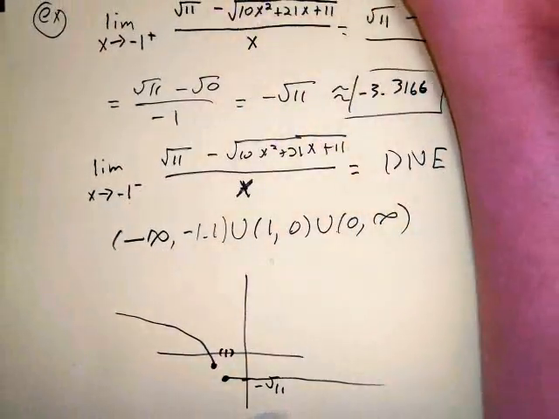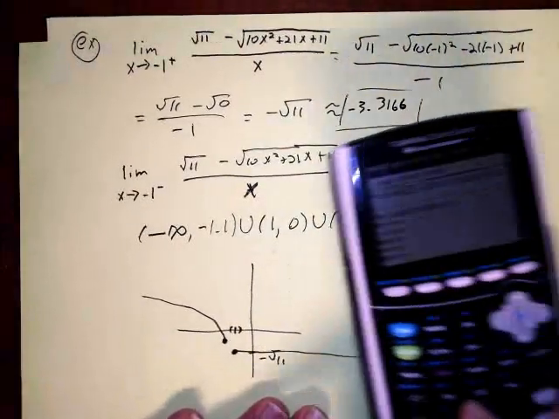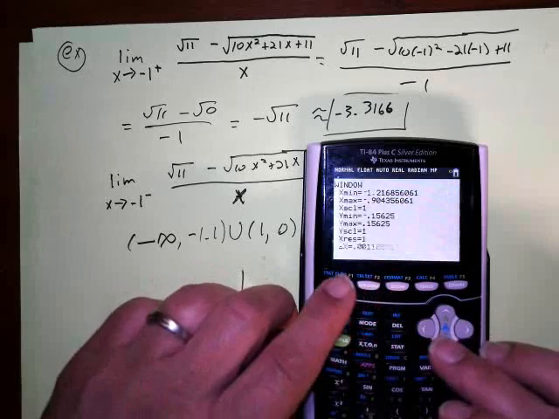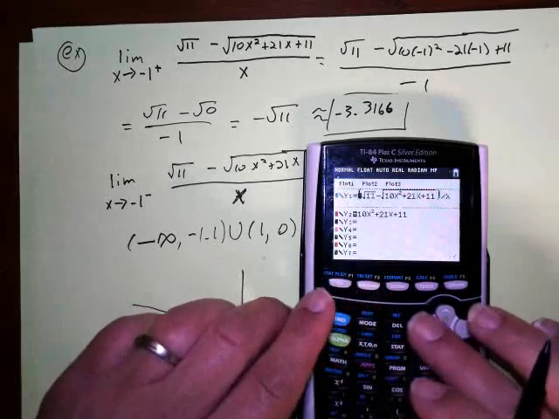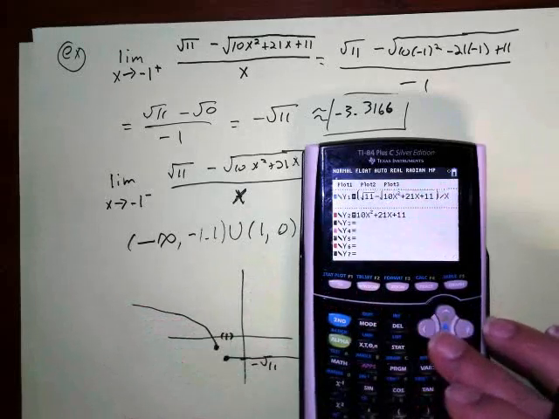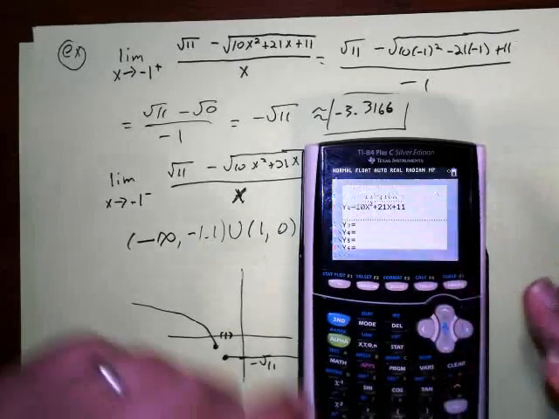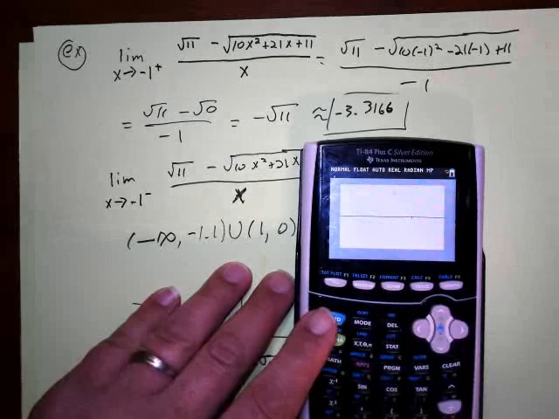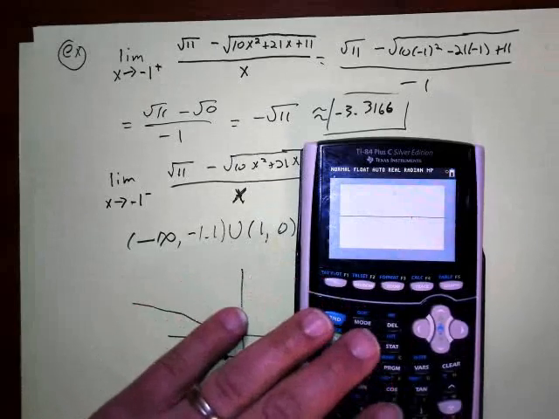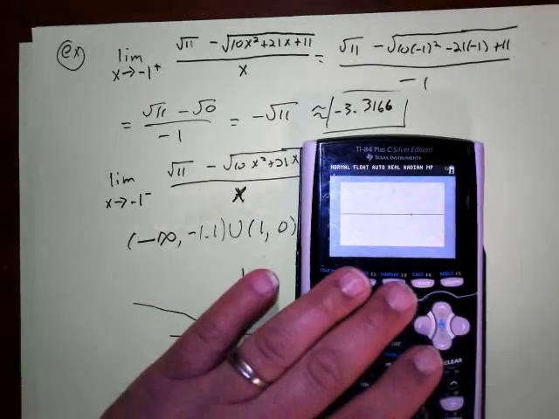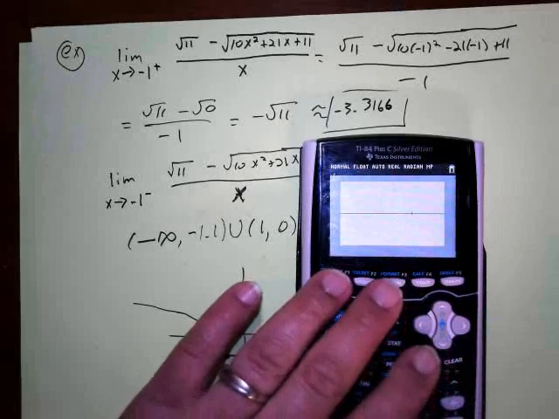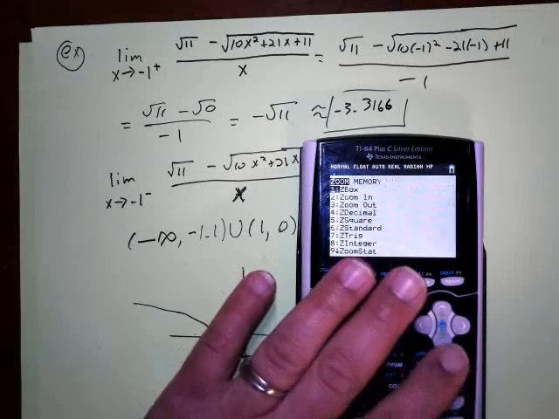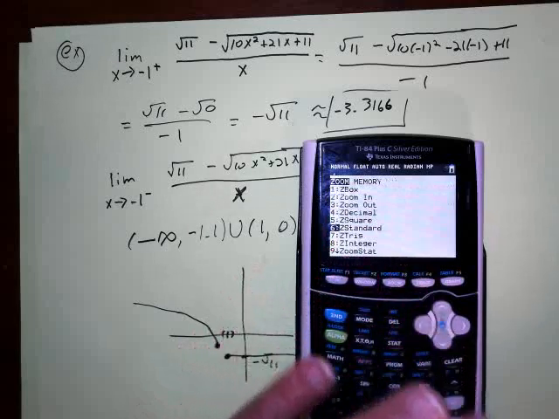So this is a really great example. It also shows you that you can't base everything off of technology. Let me graph it one more time. Let me do the zoom standard again.